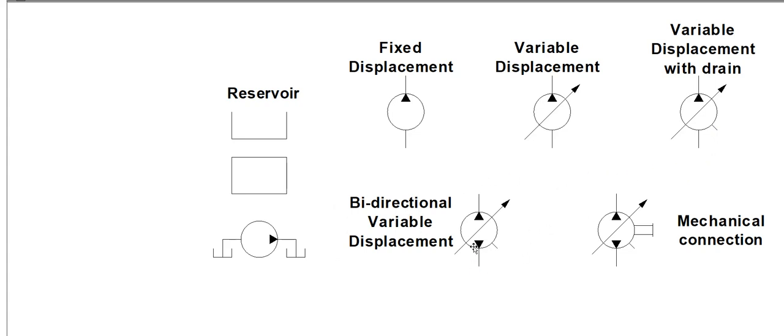Going down here to the middle, this pump is going to be a bidirectional variable displacement pump. Because it has two arrows, that means this pump is bidirectional. Now that doesn't mean the pump can spin clockwise or counterclockwise, but it means it can pump oil out one port or the other.